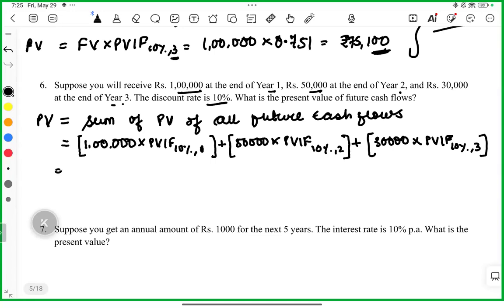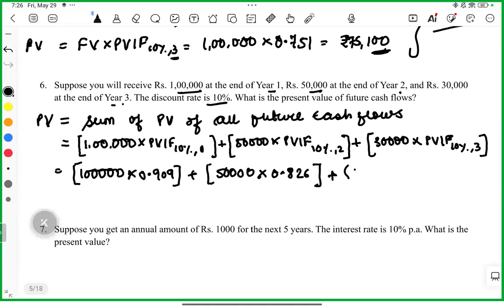Simply check table C, 1 lakh into table C, 10% and 1 year. You will get factor of 0.909. 50,000 into 10% and 2 years, so 0.826.